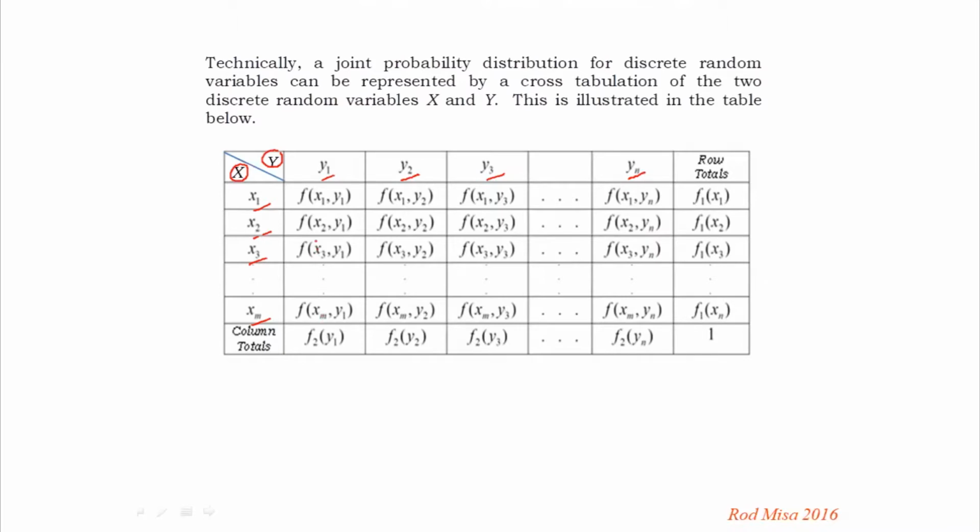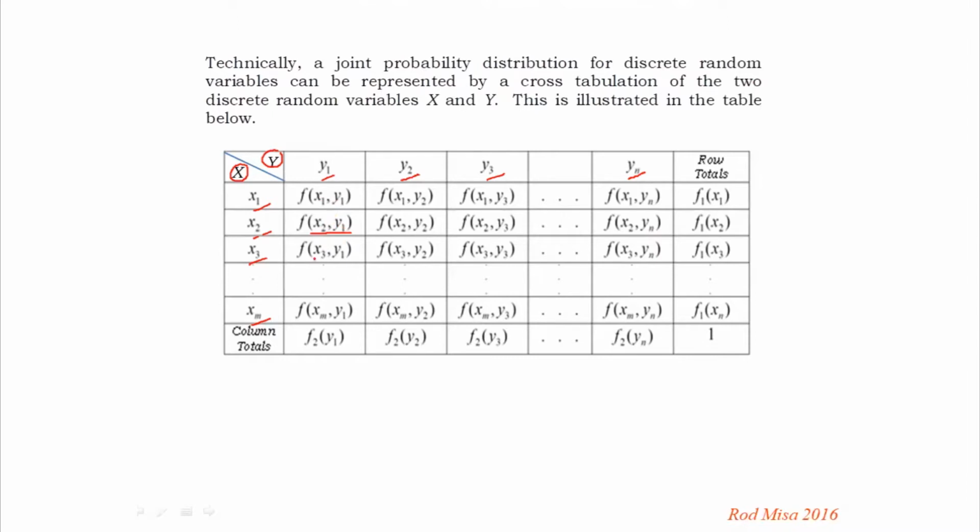So this f(x sub 1, y sub 1) is the probability value for the pair of random variables x sub 1 and y sub 1. Also, this one is the probability value of the pair x sub 2 and y sub 1.